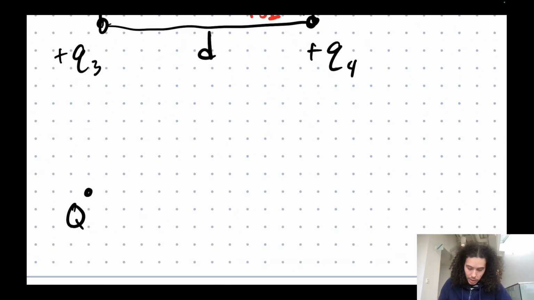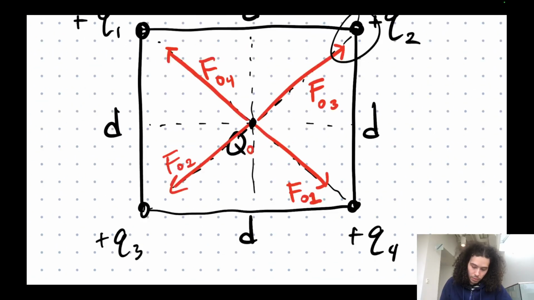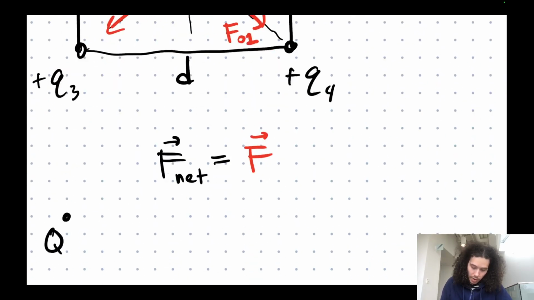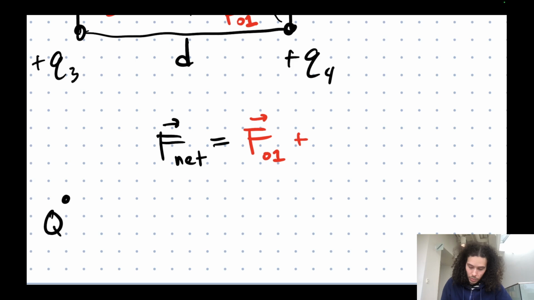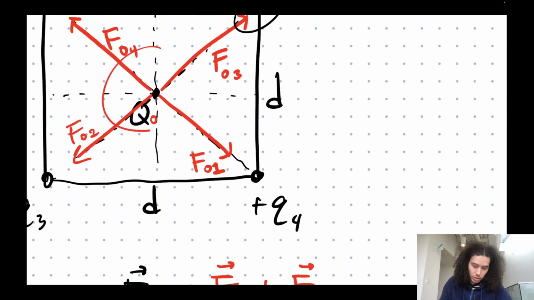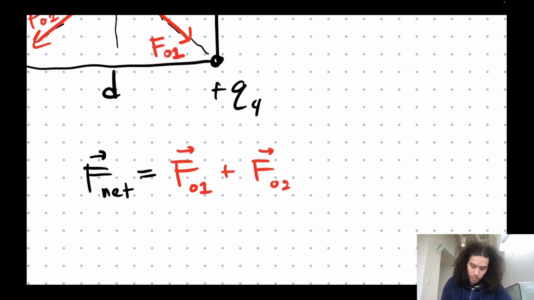So this brings up the idea of adding up these forces, F net, which is going to be equal to FO1 plus FO2. You're just adding all these guys up, plus FO3 plus FO4.